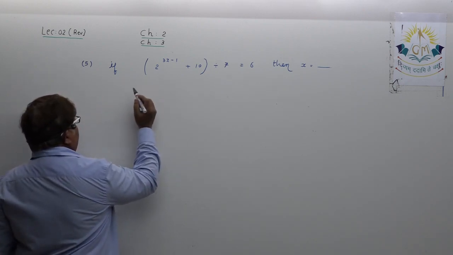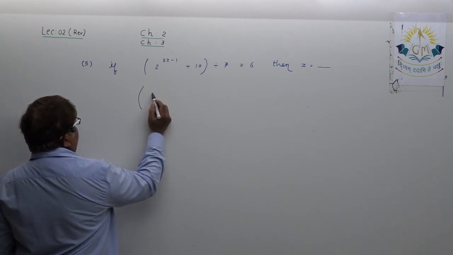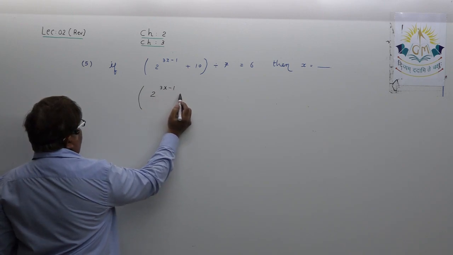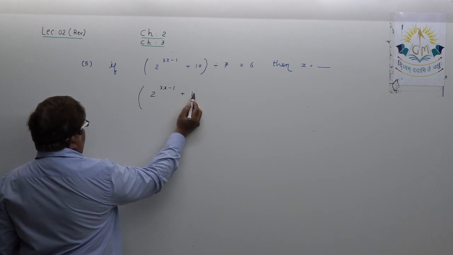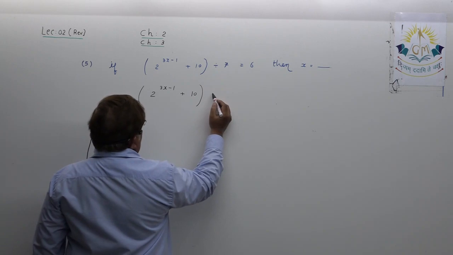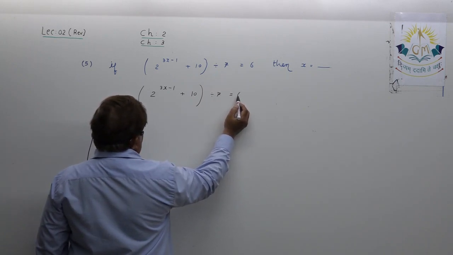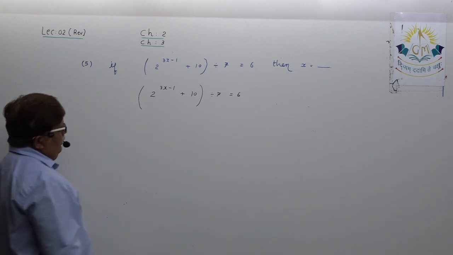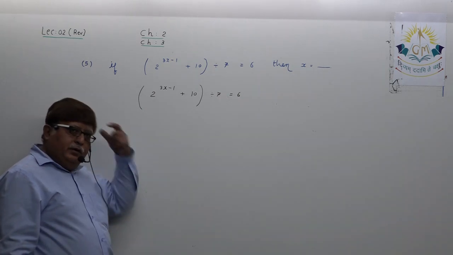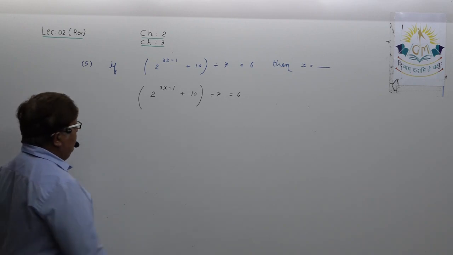See, dear student, first let us write the given data: 2 raised to 3x minus 1 plus 10, divided by 7 equal to 6. This is the expression you are given and you have to solve it to find the value of x.